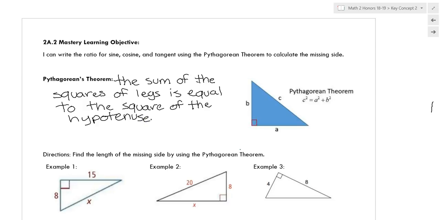So again, the sum of the squares of the legs is equal to the square of the hypotenuse.